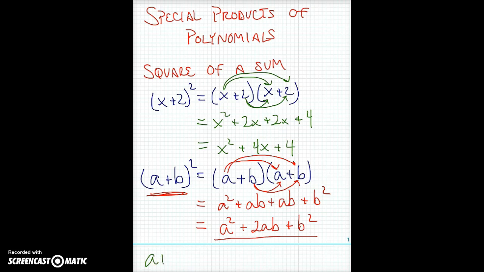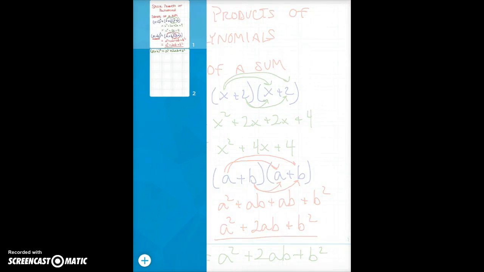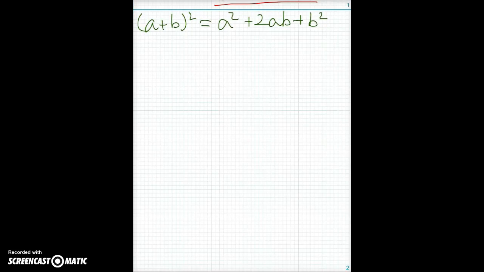Anything in the form a plus b squared is equal to a squared plus 2ab plus b squared. So let's look at an example using this.